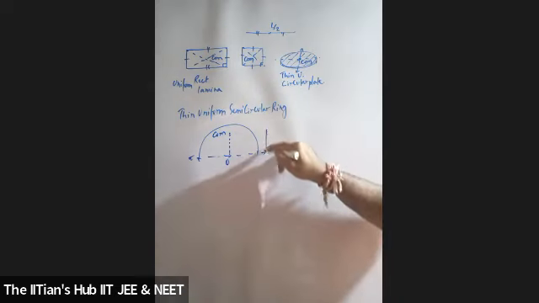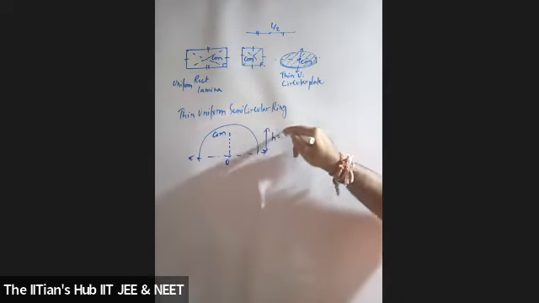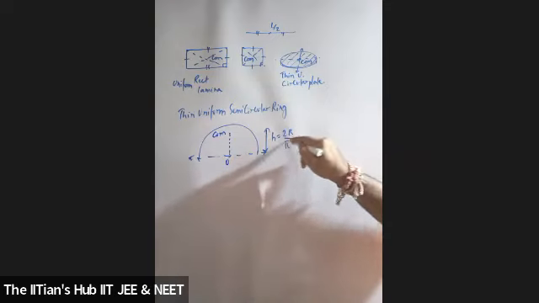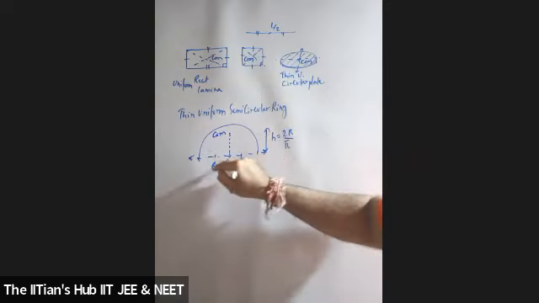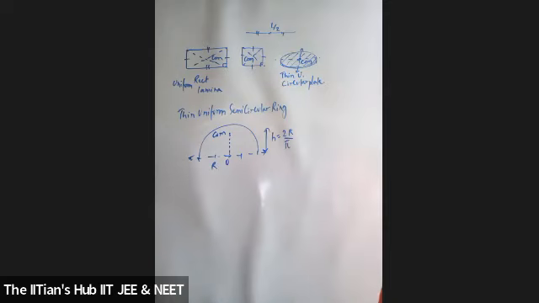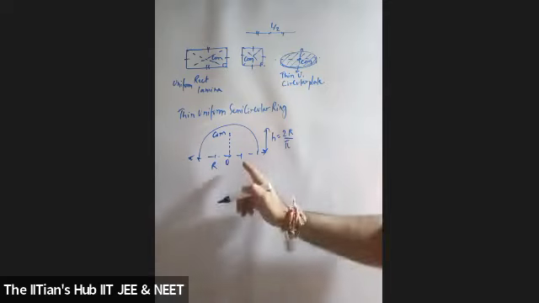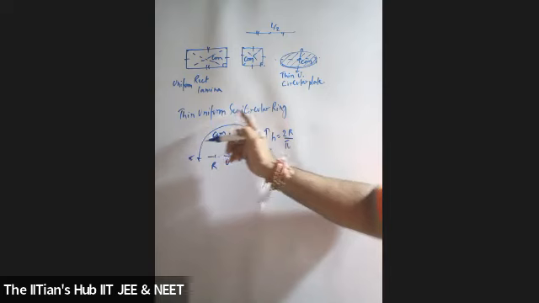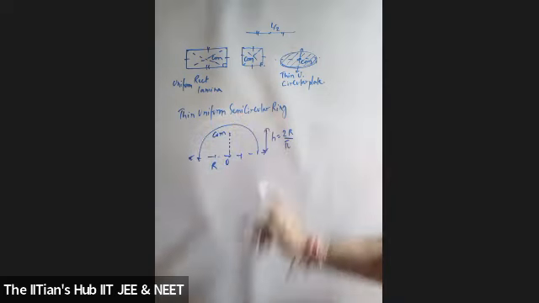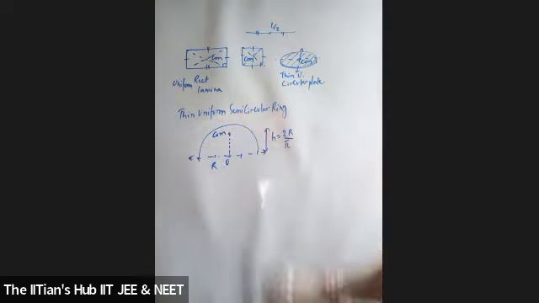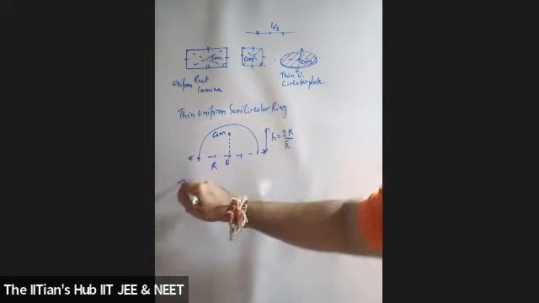It is at a height of 2r upon pi, where r is the radius of the semicircle. So for a thin uniform semicircular ring, the center of mass is at a height of 2r upon pi, students.